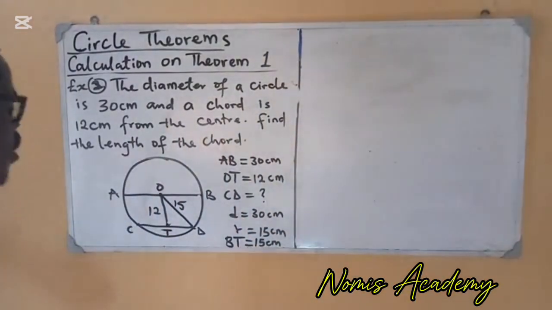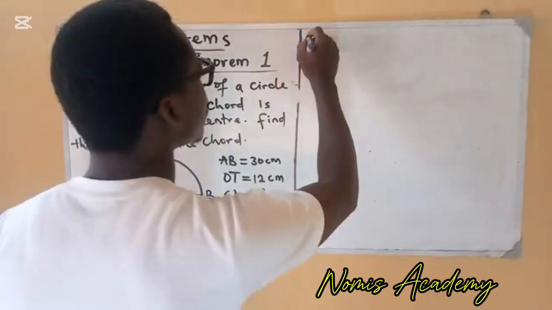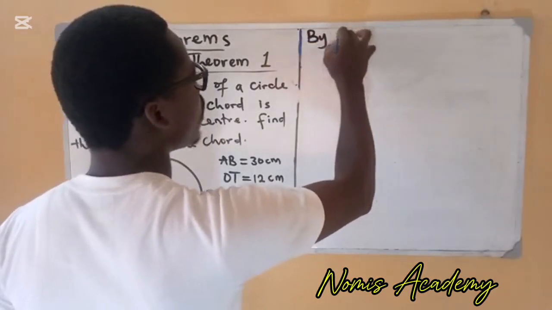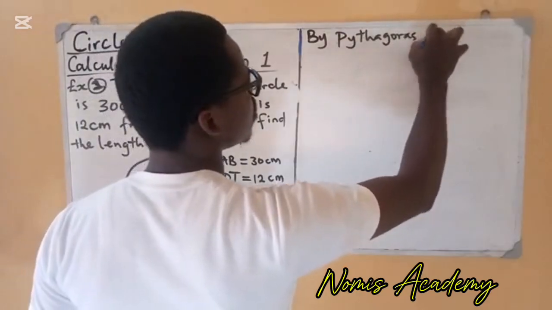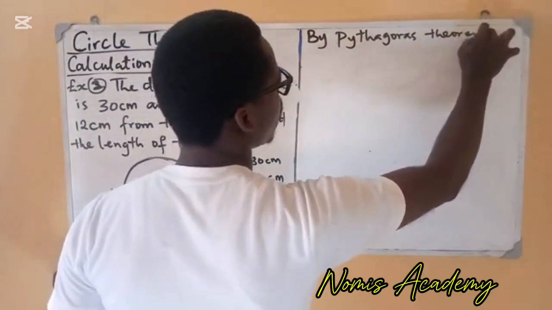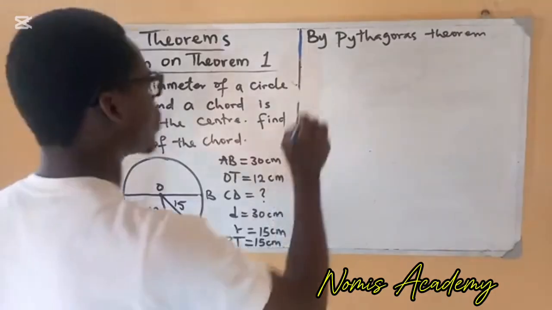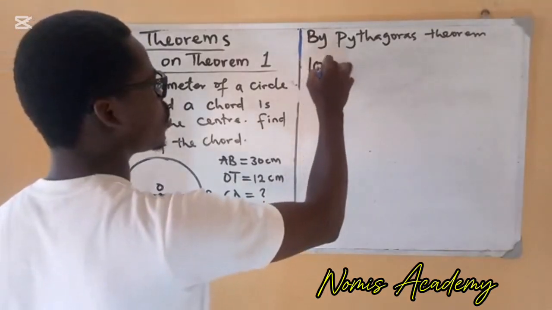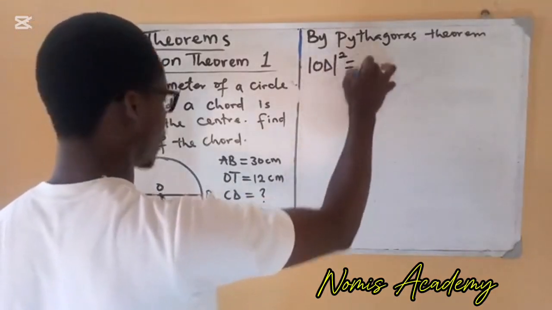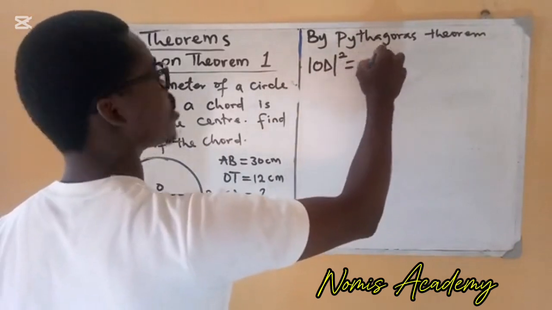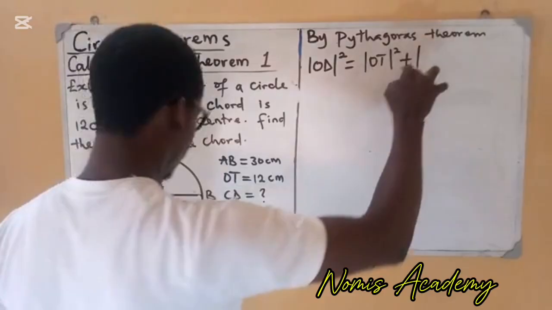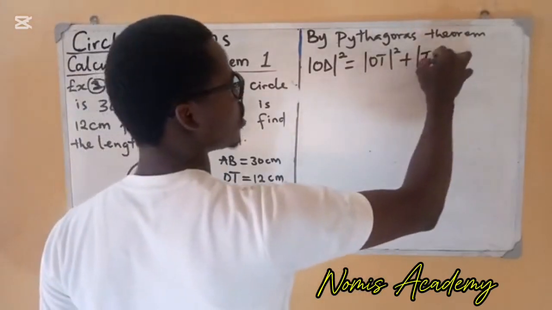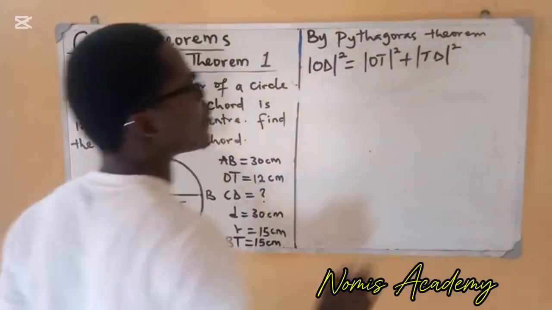To find TD by Pythagoras theorem, we know that side OD square is equal to side OT square plus side TD square.